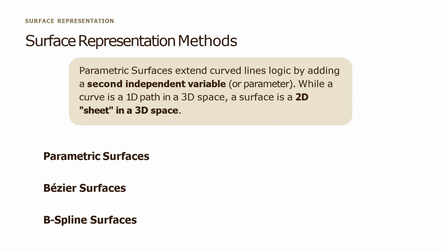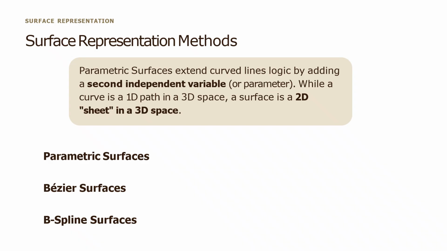There are several methods used to represent curved surfaces. One method is parametric surfaces, where two independent parameters define every point on the surface. Another method is the Bezier surface, which extends Bezier curves into two dimensions.